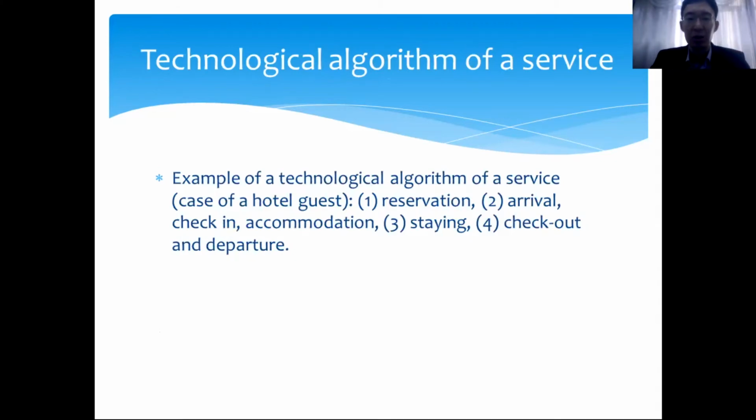When it comes to the technological algorithm of a service, here I have a case of a hotel. We have different jobs, different procedures, basically: reservation, arrival, check-in, and accommodation. Then we have staying, check-out, and departure.